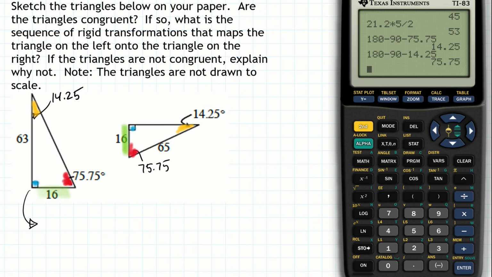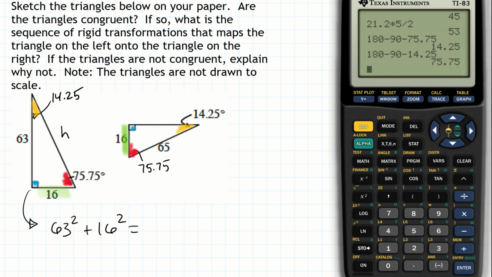And I've got two of the legs. And I know that in a right triangle, if I take a leg, 63, square that, and I take the other leg, 16, and I square that, I get the length of the hypotenuse. I'm just going to arbitrarily call it H, for hypotenuse.